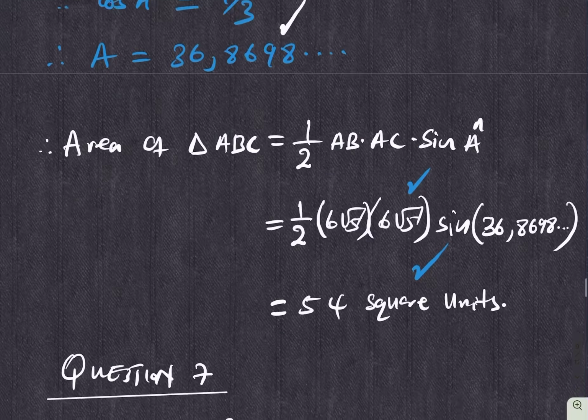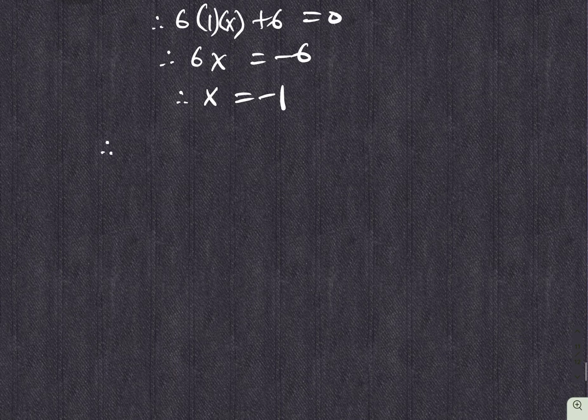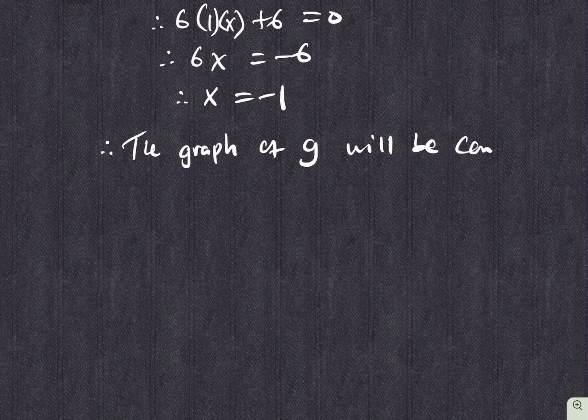So you say to yourself now that the graph of g will be concave up when x is bigger than negative 1.